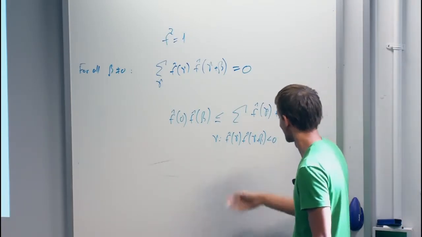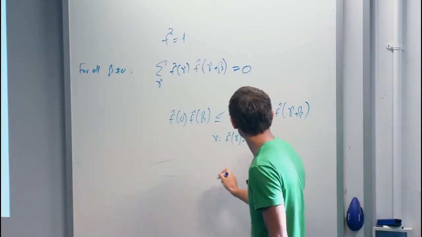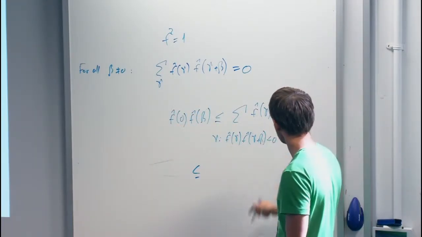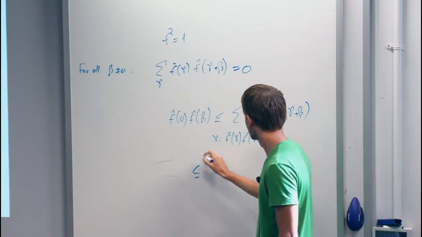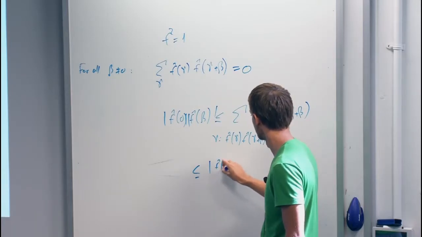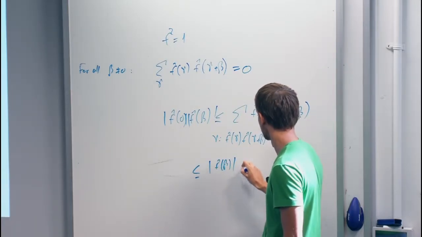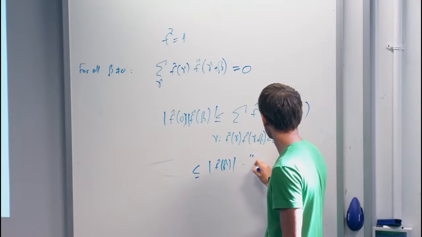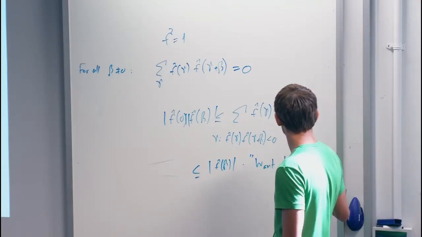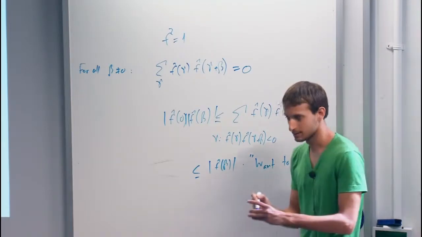And this is at most, recall that f hat of beta was the second largest, so I take absolute value, and this is less than f hat of beta times what I wanted to bound. Okay.